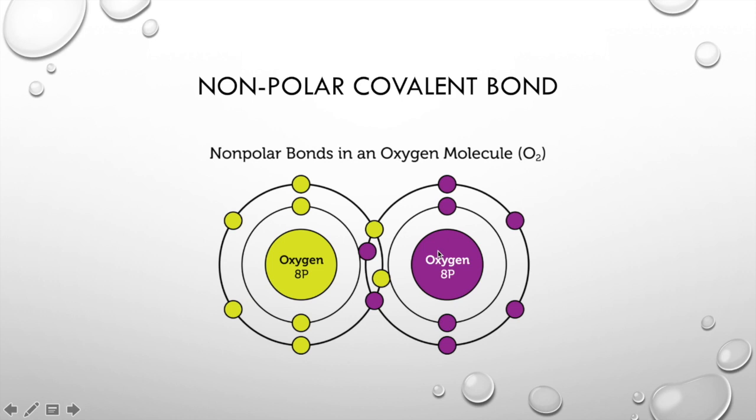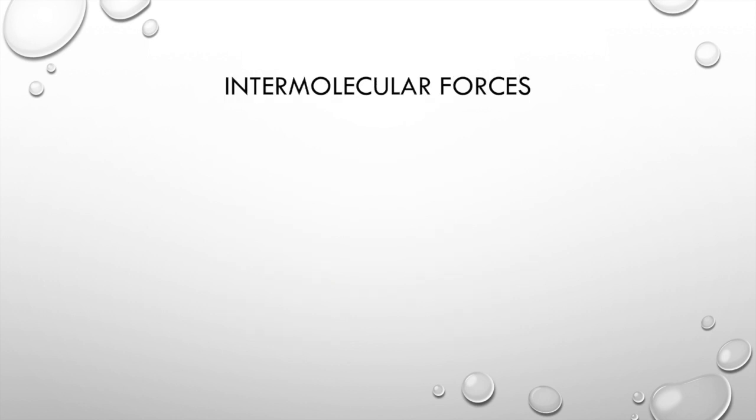Right, so the electronegativity difference in this case, you can imagine, would be 0 because both of them are exactly the same. And since they're exactly the same, there's an equal sharing of the bonding electron pair because they're having the same pull on the electrons.